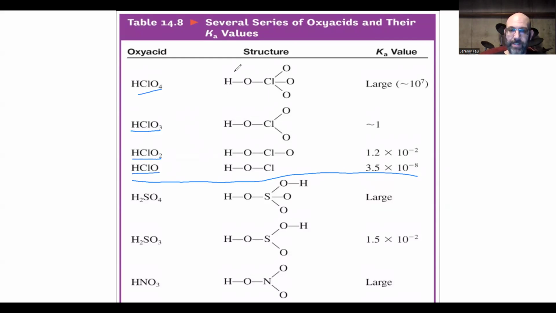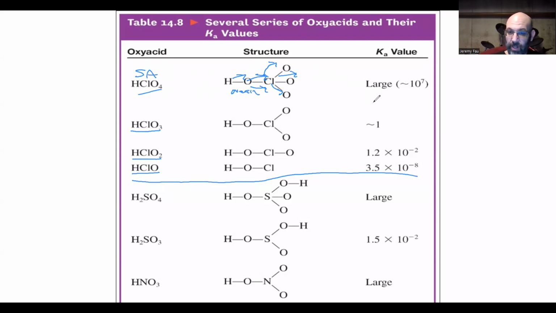So perchloric acid is one of the 6 strong acids, and it's a strong acid for 2 reasons. All right, first off, all of these O's are super electronegative, and they just start pulling all of the electrons towards them. Then Cl has to pull some electrons towards it, and then this O needs to start pulling the electrons from H away, and this makes this bond really weak, and that's why this is a strong acid.